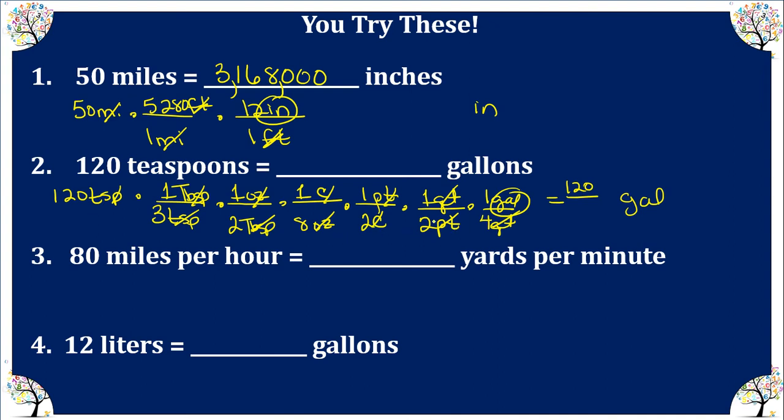I'm going to use a calculator here. And I got 768, so we're going to divide 120 by that. We knew we would have a decimal because we were going from teaspoons to gallons: 0.15625 gallons.